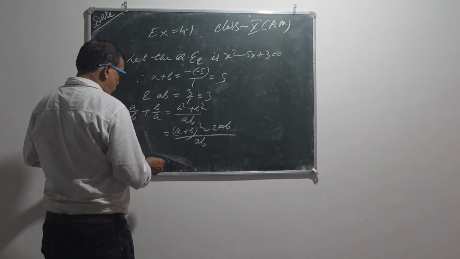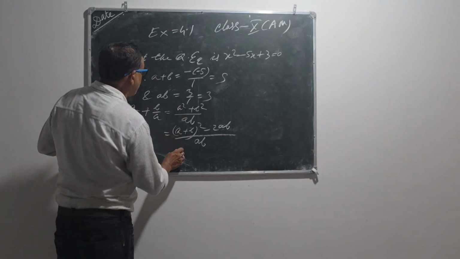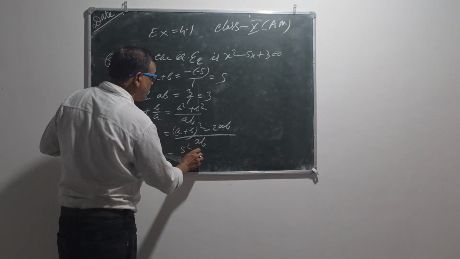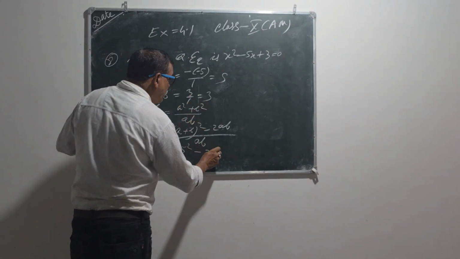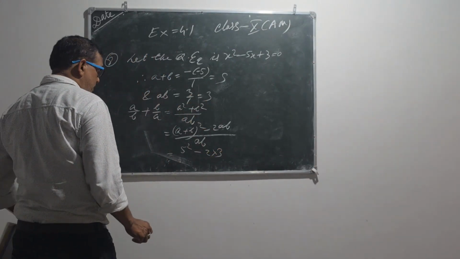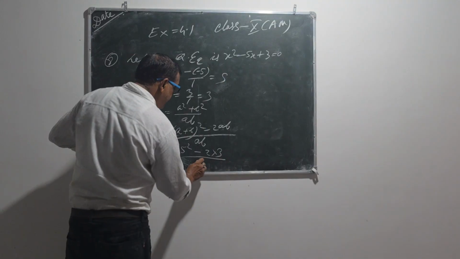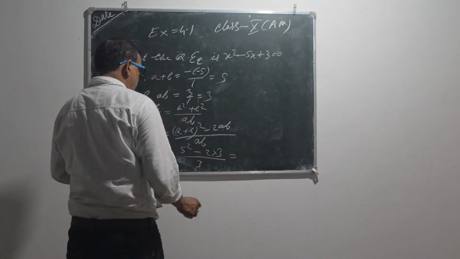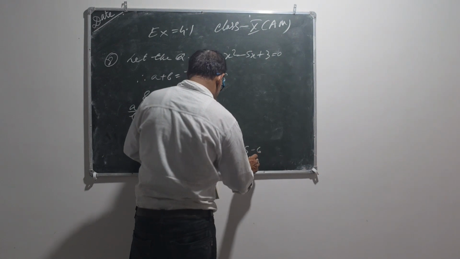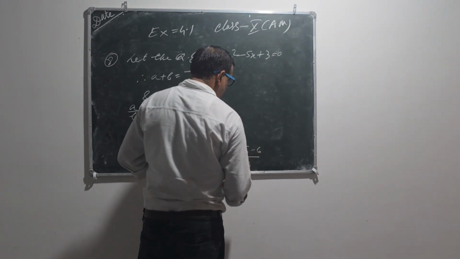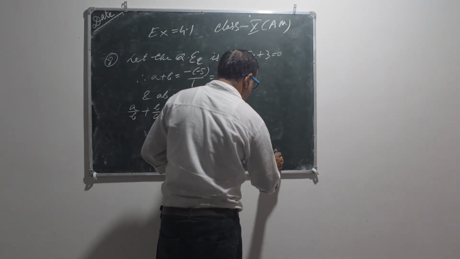Now, a plus b equals 5, so 5 square minus twice ab, and ab is only 3, divided by 3 only. Finally, 5 square is 25, minus 6, divided by 3. So it will be 19 divided by 3.